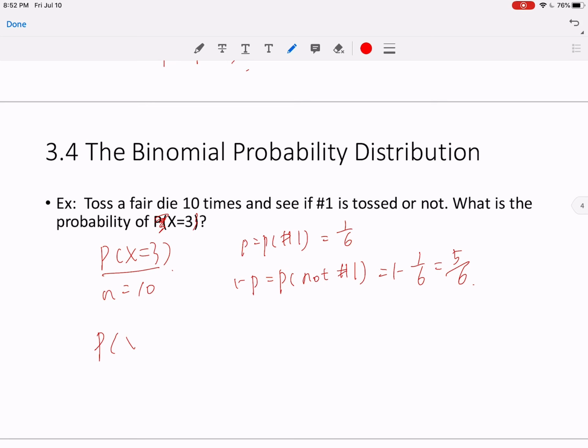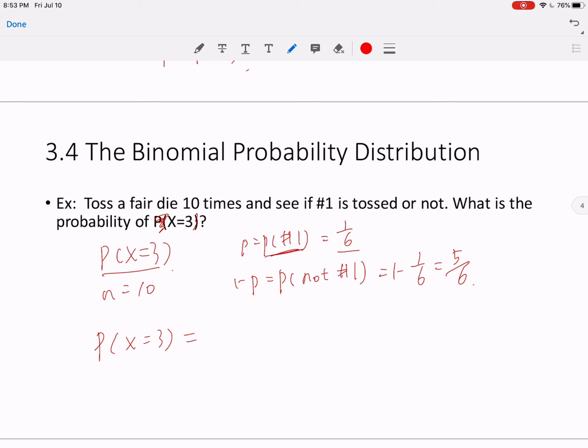Let's take a look at how to find x is equal to 3. Now we are tossing the die 10 times. And we want to find the probability that 3 of them are 1 and 7 of them are not 1. Okay? So the probability that 1 is tossed 1 time is 1 over 6.